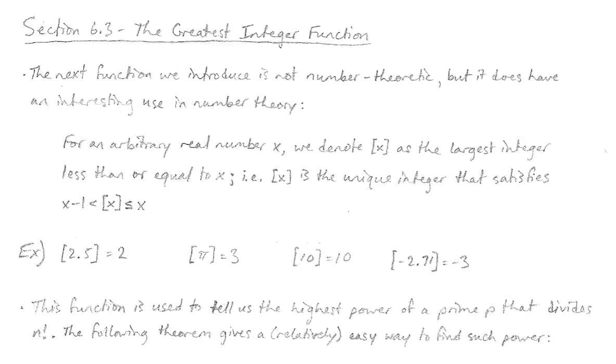So for an arbitrary real number x, we denote as x inside of square brackets, this thing to be the largest whole number that is less than or equal to x.